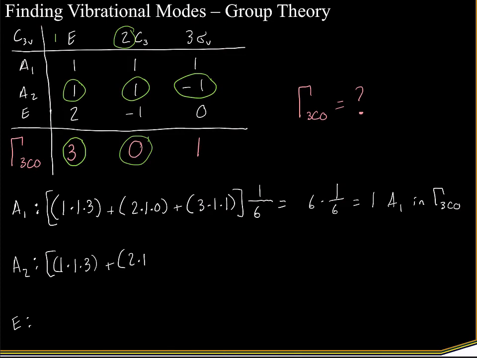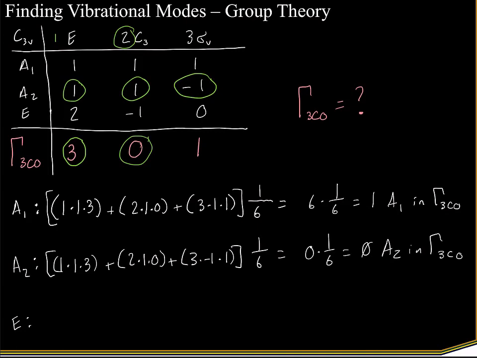Here we have 2 times 1 times 0. And our last set is 3 times -1 times 1. All times 1 over 6. So 0 times 1 over 6. So there are no A2s in our reducible representation, our big gamma 3CO.